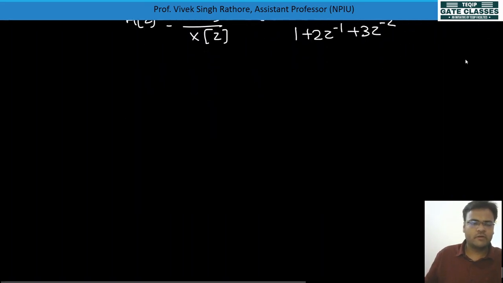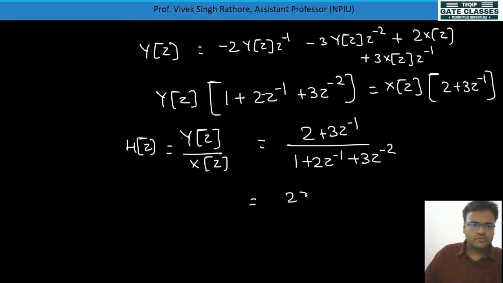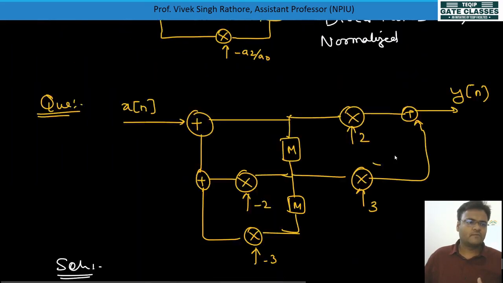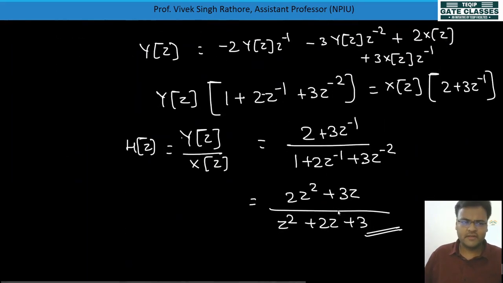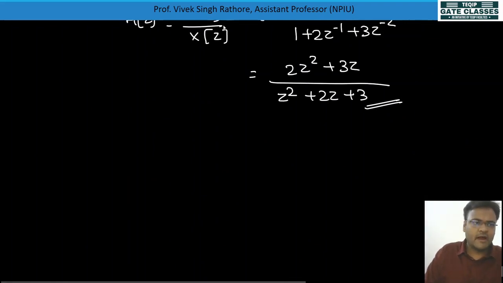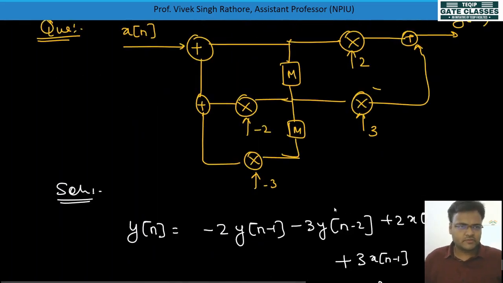Here if you multiply z square on both numerator and denominator, we'll get 2z square plus 3z over z square plus 2z plus 3. This is the final answer, or H of z, of this block diagram. Very easy. Apart from this question, the solution is this much only, you can understand this question.